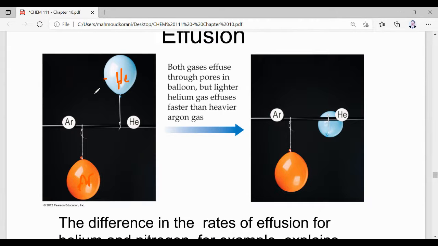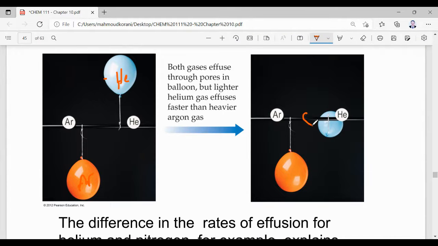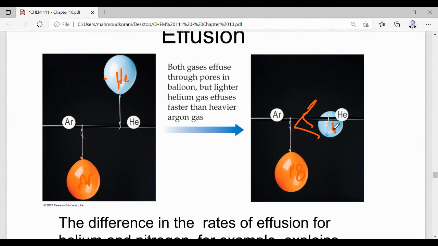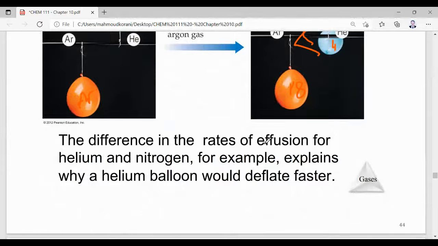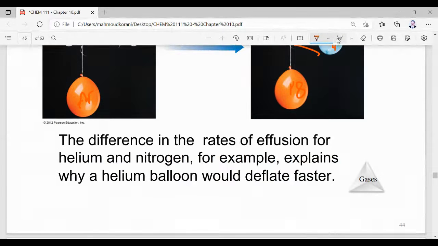You will find that the rate of escaping of helium is higher than the rate of escaping of argon. Why? Because argon has a high molecular weight compared to helium. This is 18, and this is just 4. The molar mass is small, so its RMS is higher than the RMS of argon. The difference in the rates of effusion.